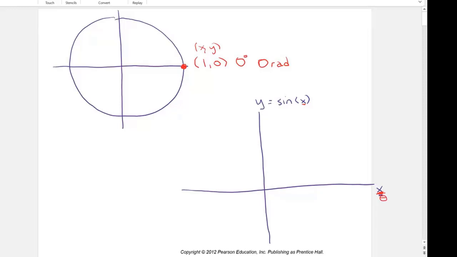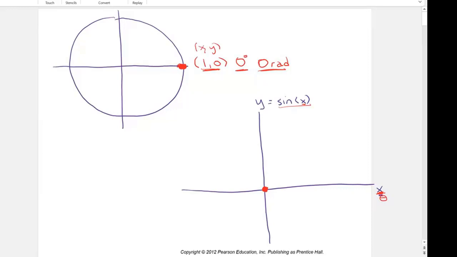We start here with 0 radians, and at 0 radians, my sine value is always equal to the y value. I have this point (0, 0). We always start here. This is 0 degrees or 0 radians, right? This point right here. That makes sense? Yes. Okay, good.